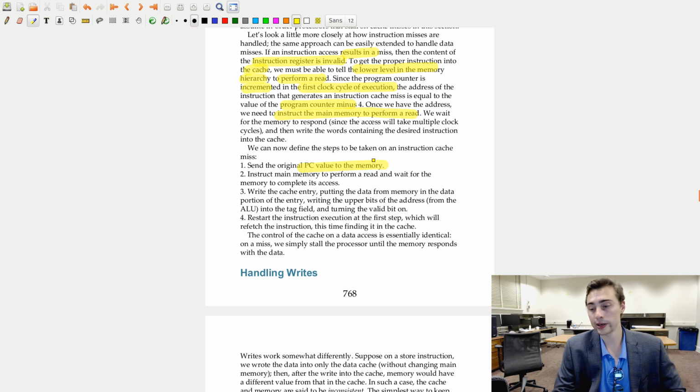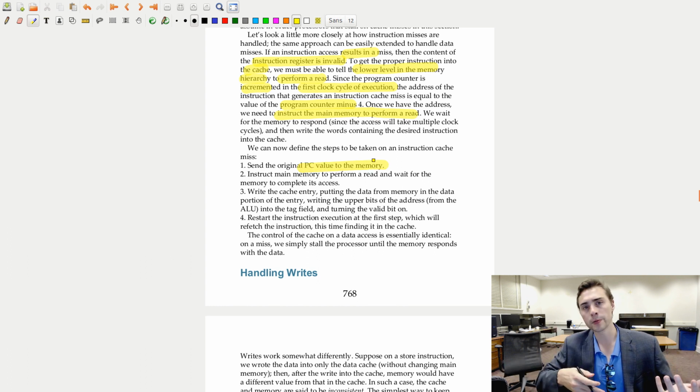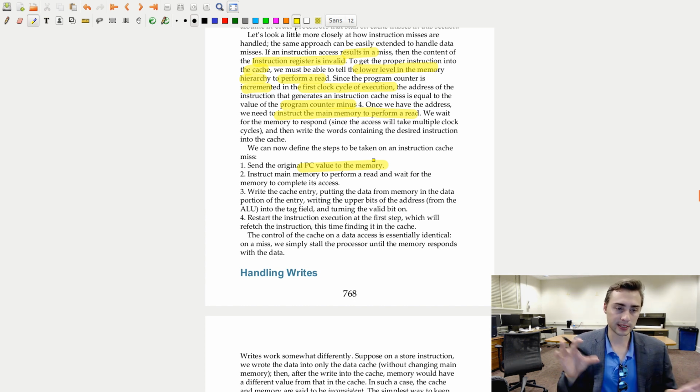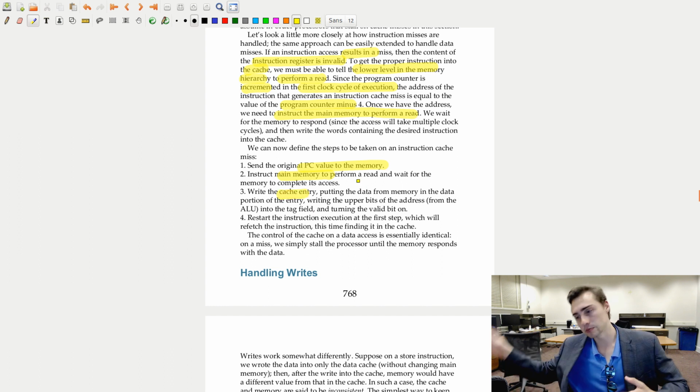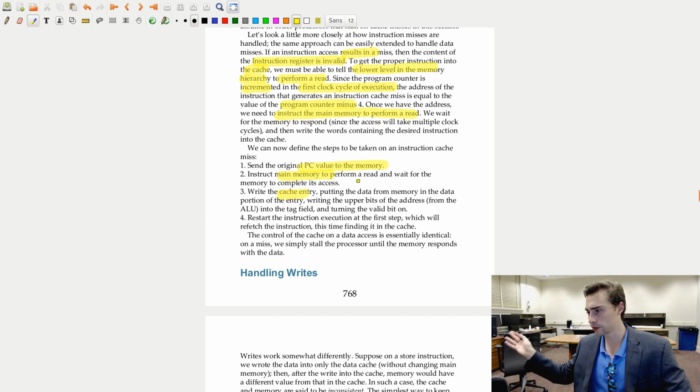We take our PC minus 4, because that's the address of the instruction, and send that original value to memory. We tell main memory to find where it is, and then write the cache entry after it comes back.